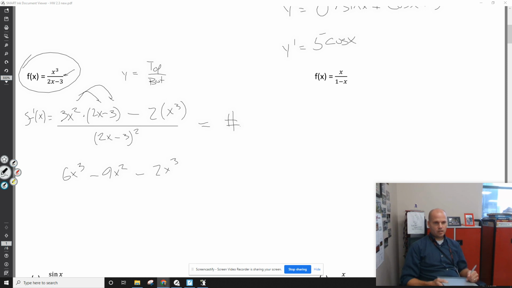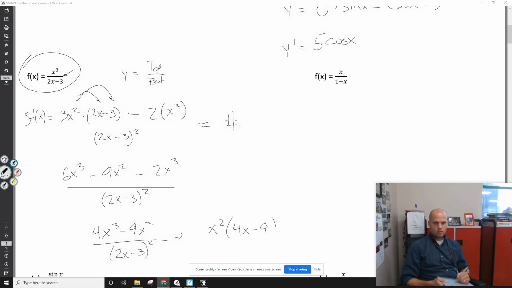We realize we can combine our x cubes, we can maybe factor the top, and this would help us potentially solve an equation where we have our tangent slope generator equal to a number.